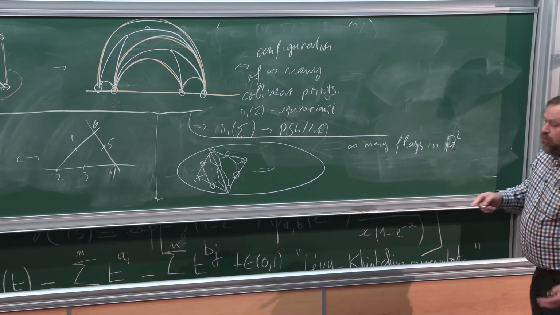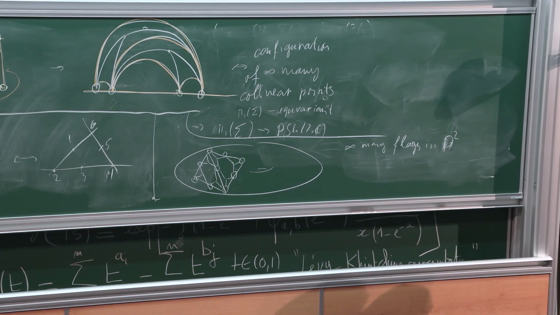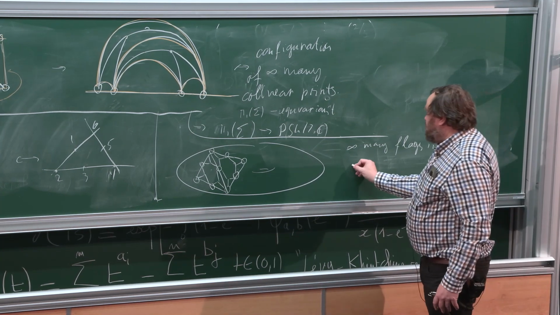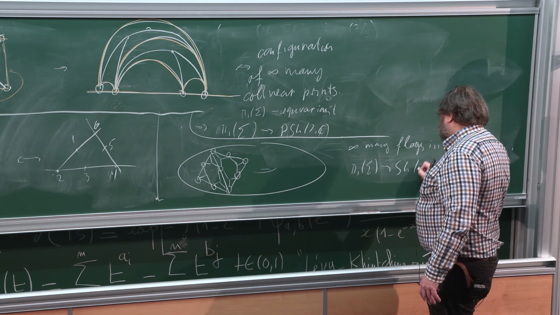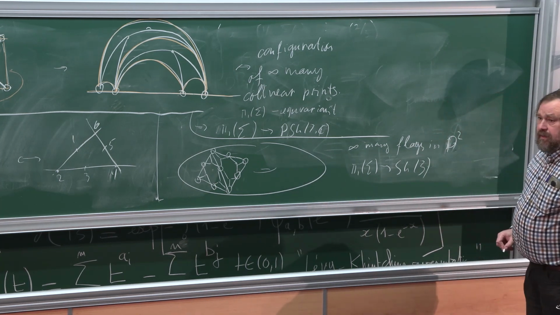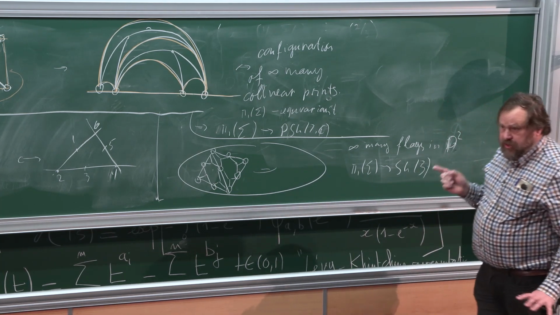And therefore, since they are invariant under pi1, I obtain a homomorphism of pi1 of sigma into SL3. And the monodromy around a puncture is non-trivial.